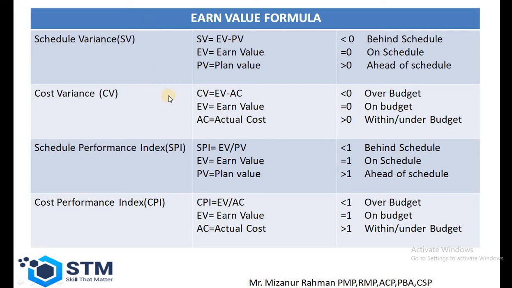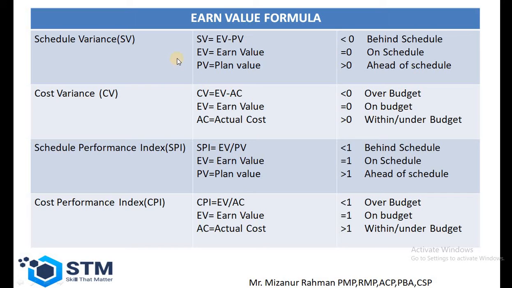If we look at the variance, it means the difference. That means there will always be a subtraction. If we look at these two, one is schedule performance index and another is cost performance index. When we are going to calculate any kind of index, there should be a division. Look, here is division, here is division.